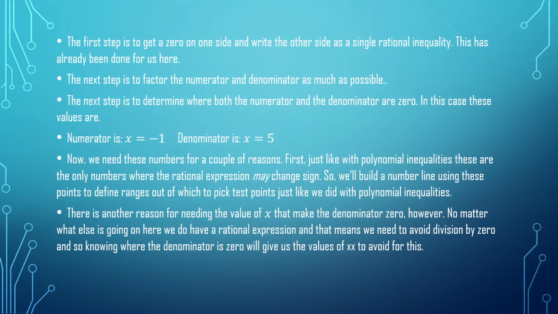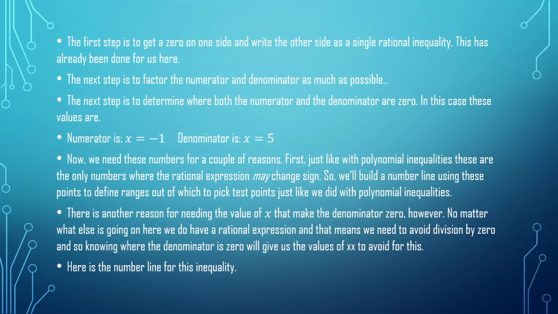There is, however, a reason for needing the value of x that makes the denominator 0. No matter what else is going on here, we do have a rational expression, and that means that we need to avoid division by 0, and knowing where the denominator is 0 will give us the value of x to avoid.